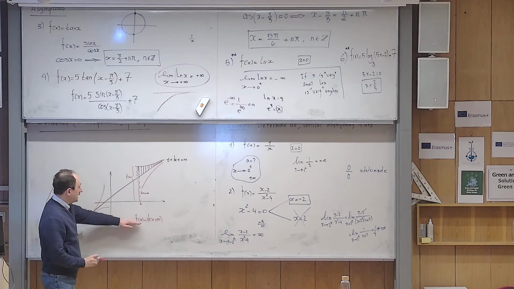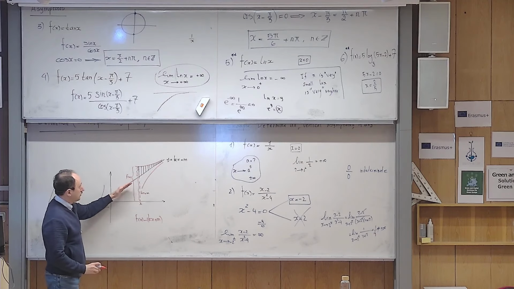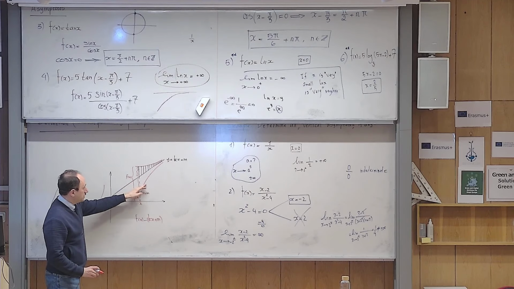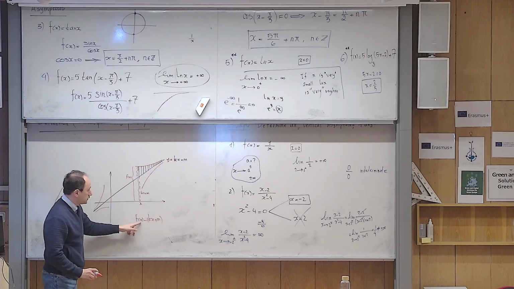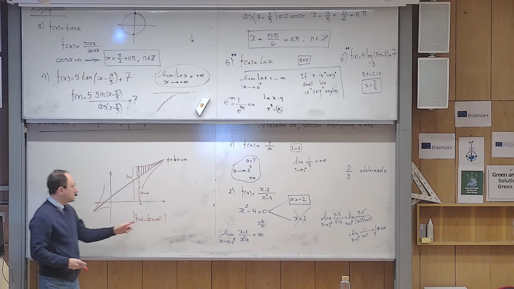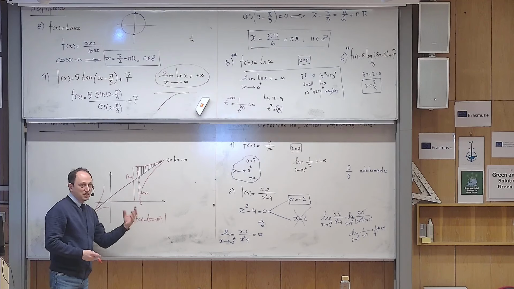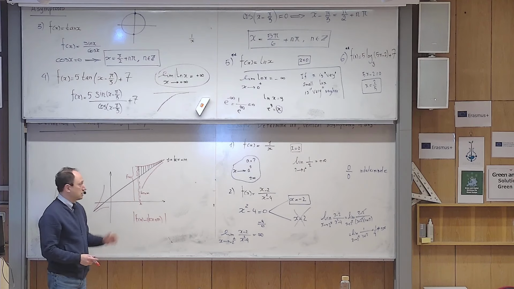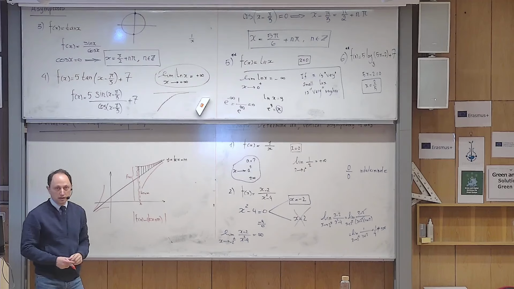But this is for the case that the graph is above this one. For the other case, I have to write this one first, this one second. To not worry about that, I put an absolute value. So it is the distance, the magnitude of the deviation of my function from that line.